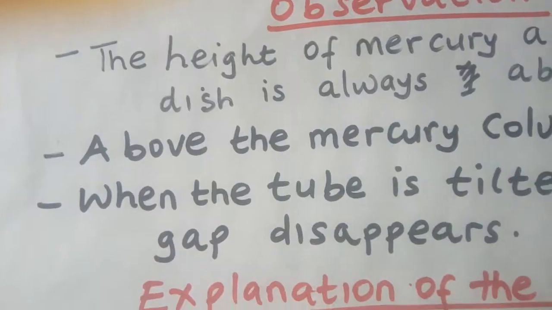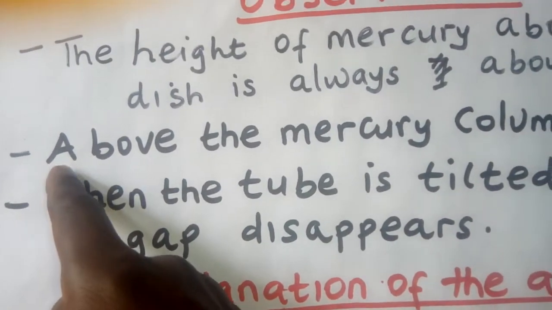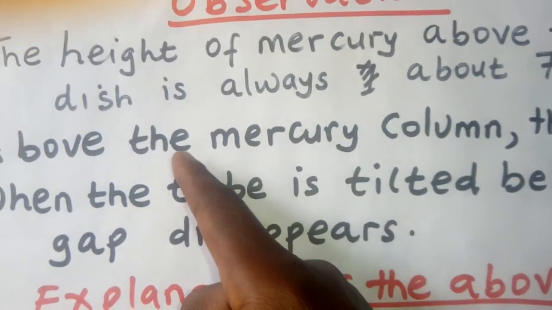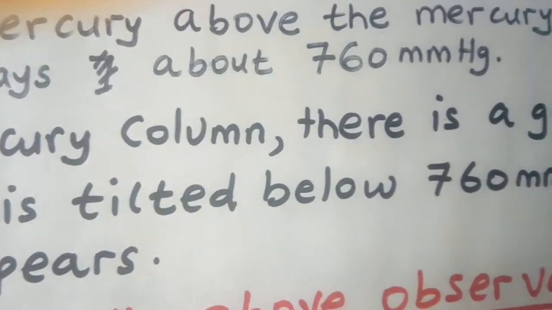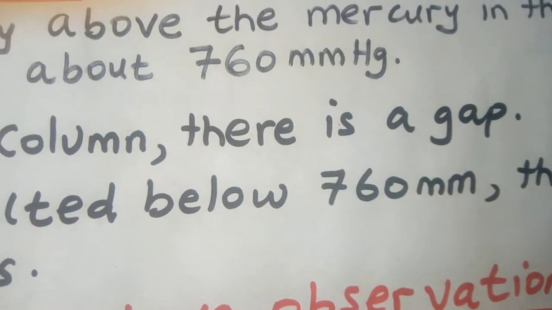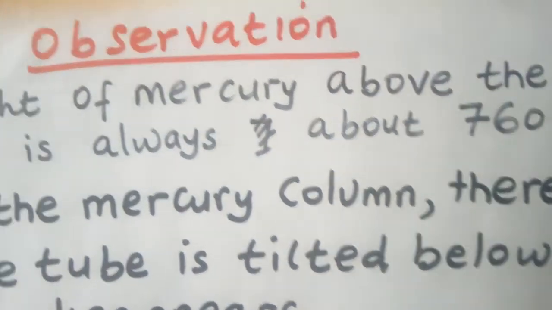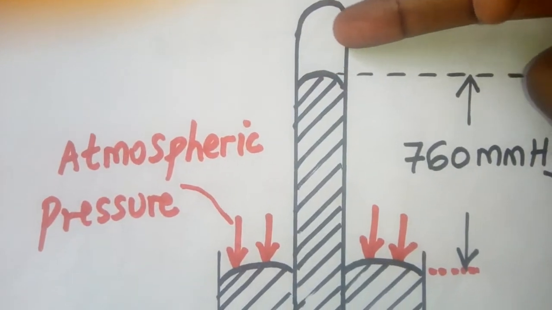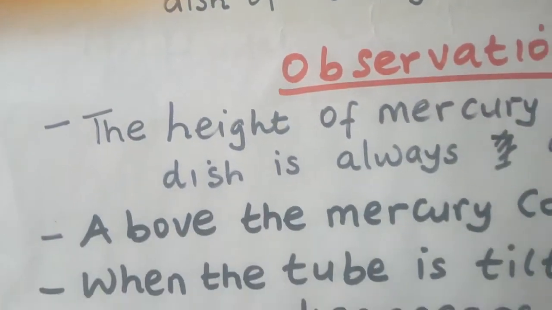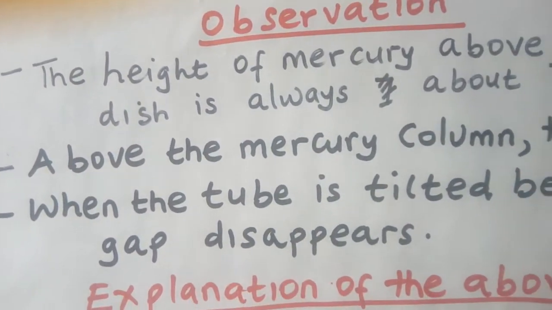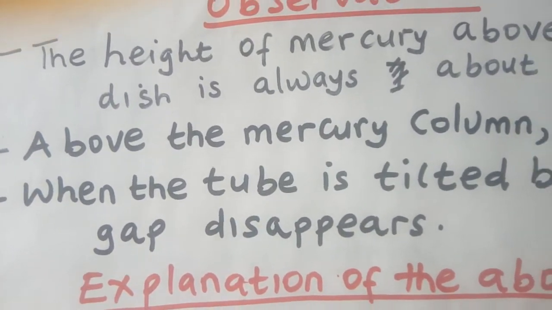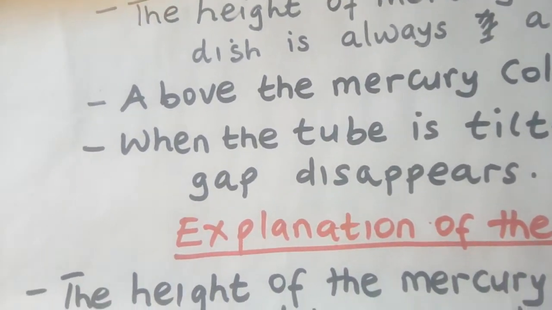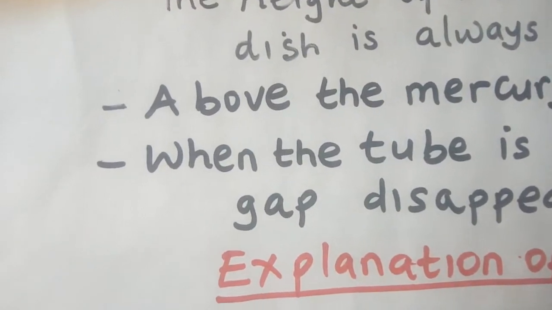The second observation was about the gap. Above the mercury column, there is a gap. You see? There is a gap there. So he wanted to know what was inside that gap. Is there air or is there no air? So he had to do an experiment.